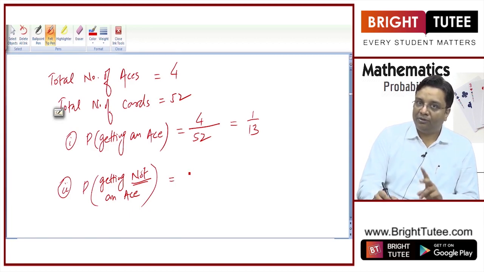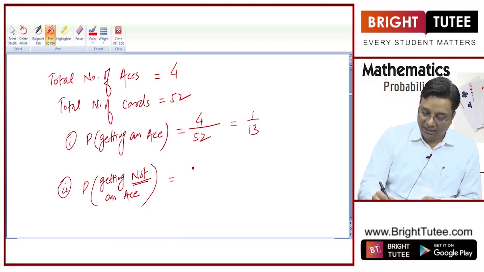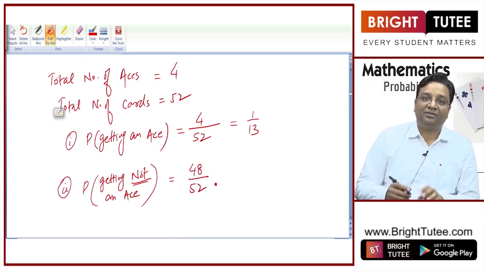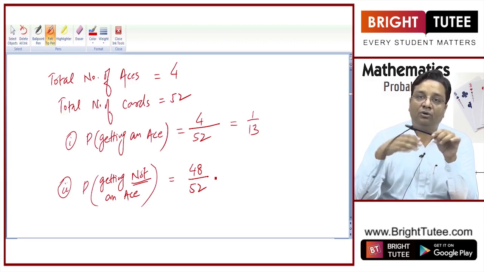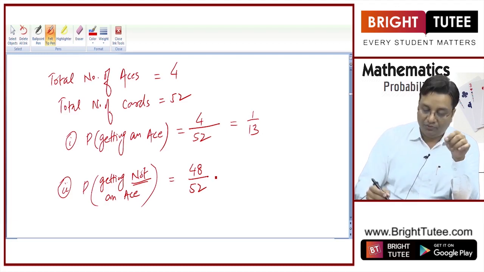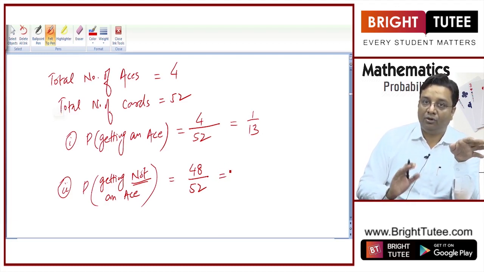You can calculate this probability in 2 ways. If it is not an ace, it can be any card out of the rest of 48 cards, right. So, it can be written like this, 48 by 52, because we have 48 cards in a deck which are not aces, right.